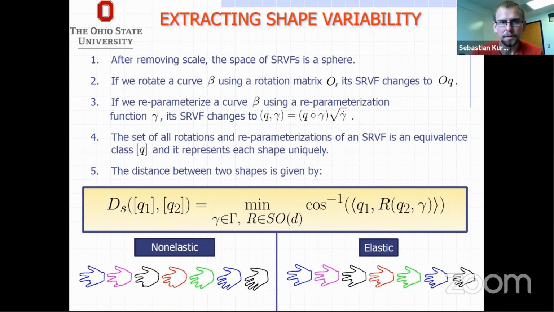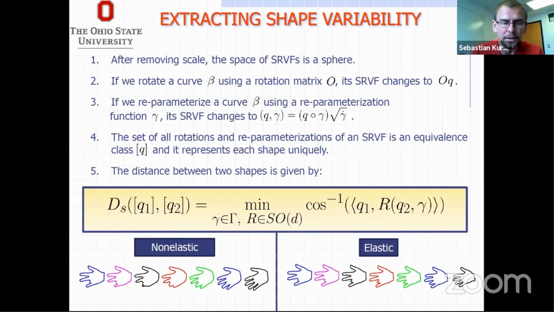We can put essentially all of the curves that vary just in rotation and reparameterization into what's called an equivalence class, and then this equivalence class will represent a shape uniquely. So essentially, you can think of this equivalence class as just the collection of the same curve, but rotated and reparameterized in many different ways.